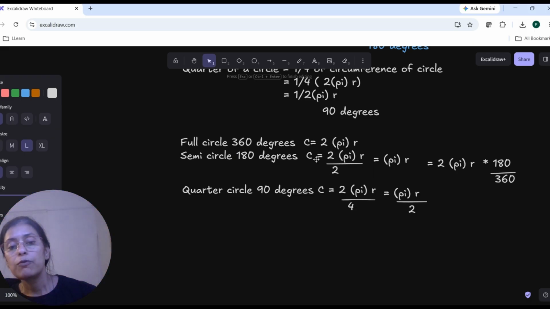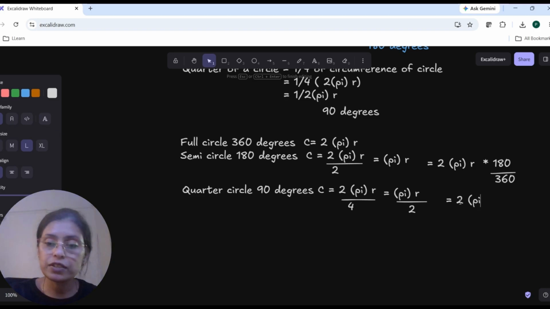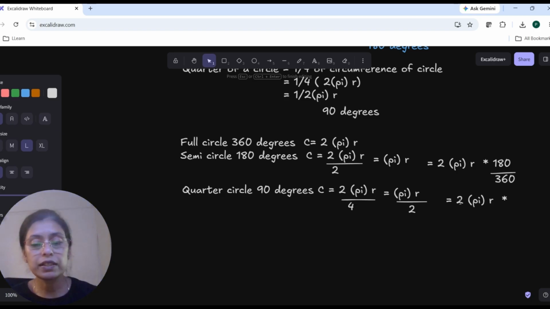So if we have to calculate how much is the circumference for 180 degrees, it becomes 2 pi r upon 360 into 180.